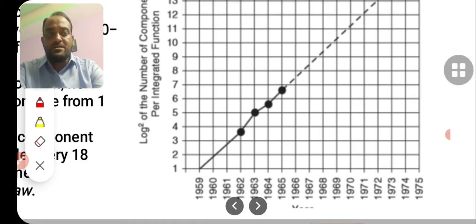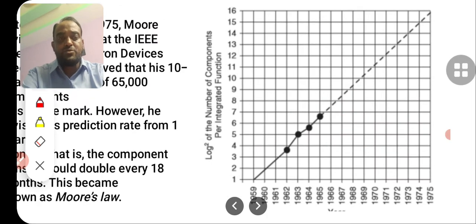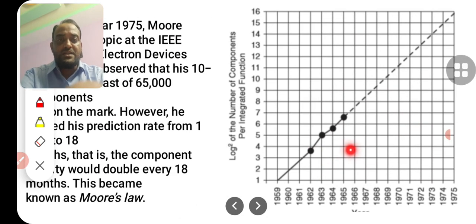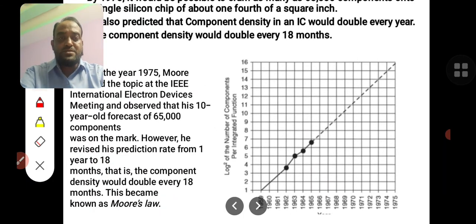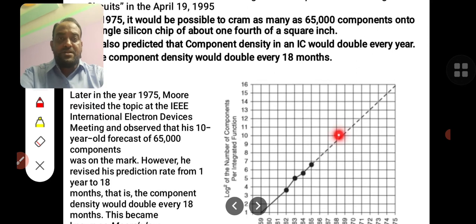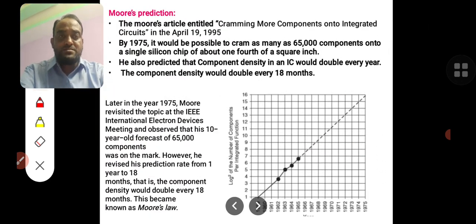These are the step-by-step, year-by-year improvements he predicted and gave in a graph. In the very first prediction, he predicted that the number of devices in a chip will double every 2 years.